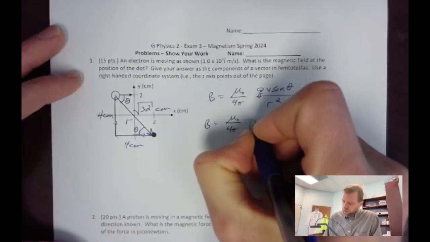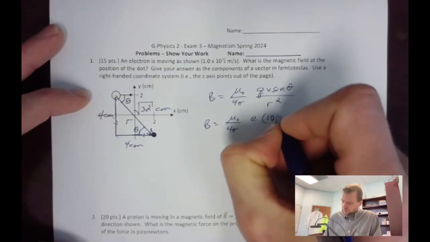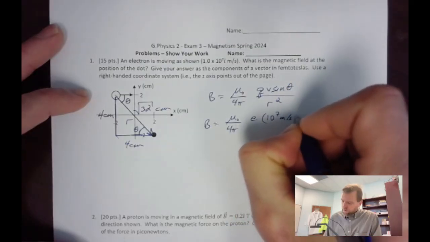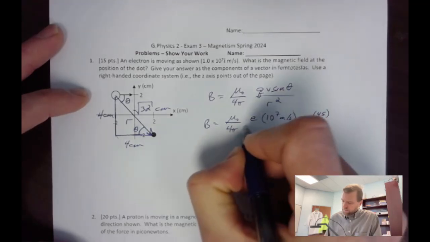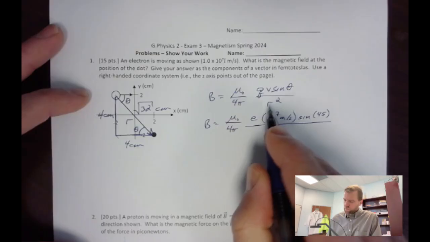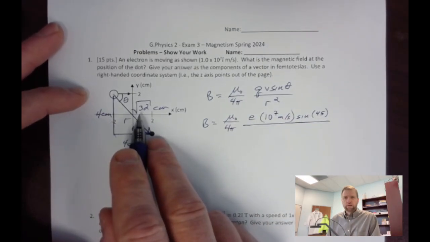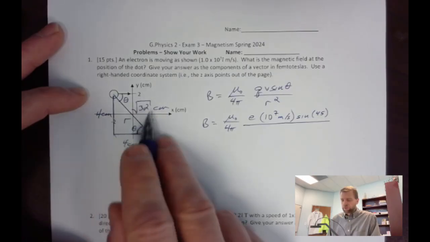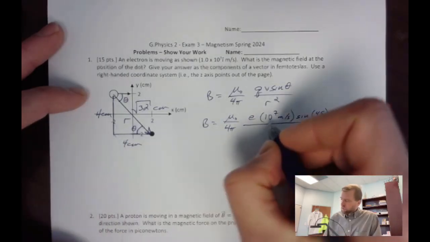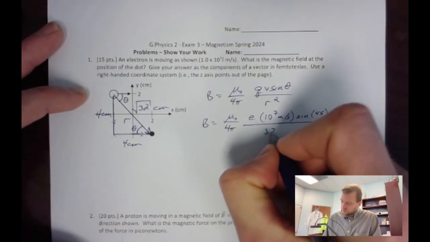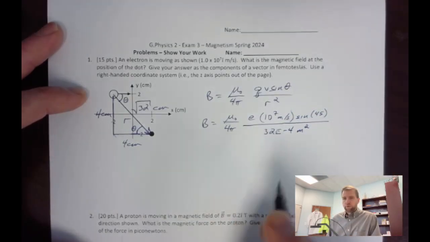Instead of q, I'll put e. And for v, I'm going to put 10 to the 7 meters per second, sine of 45, over r squared. So r is root 32 centimeters, so r squared is 32 centimeters squared. That comes out to be 32 times 10 to the minus 4 meters squared when you square it.